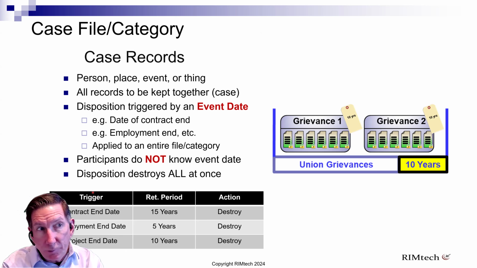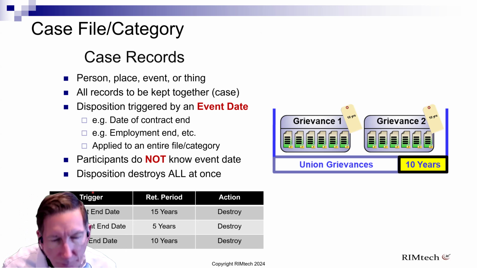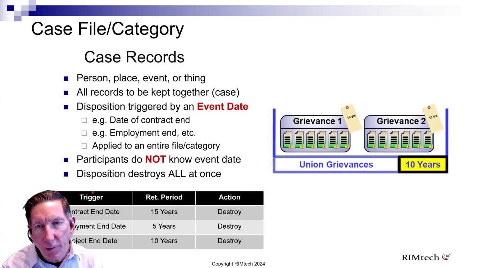Each employee is an adventure that terminates, and each project also has an end date. So that means that the retention rule, which always has three parts, a trigger, a retention period, and an action, the trigger for all case records is the same. It's end date, or what some of the software products call event date. They both mean the same thing. It's the date the adventure ended.